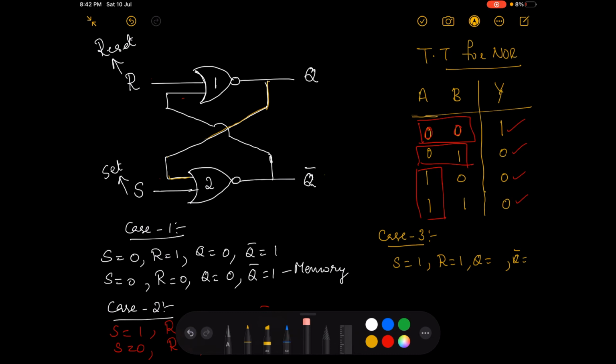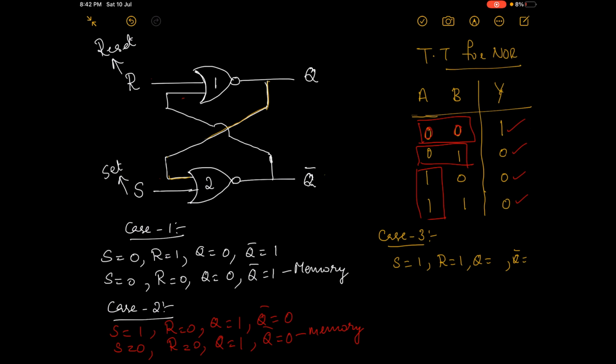Now I am going to start the analysis from Q. Here I am going to give the input as R equal to 1 and S equal to 1. So we know that when you give the input as 1, whatever be the second input, we will get the output as 0.